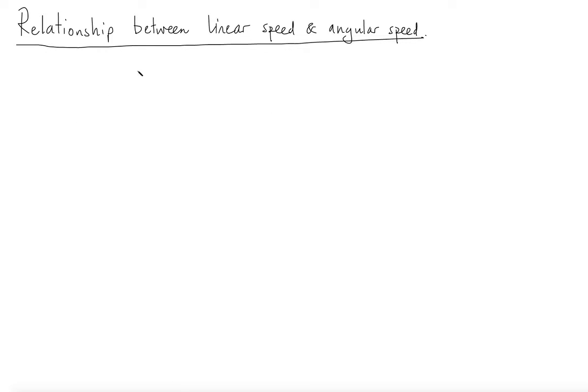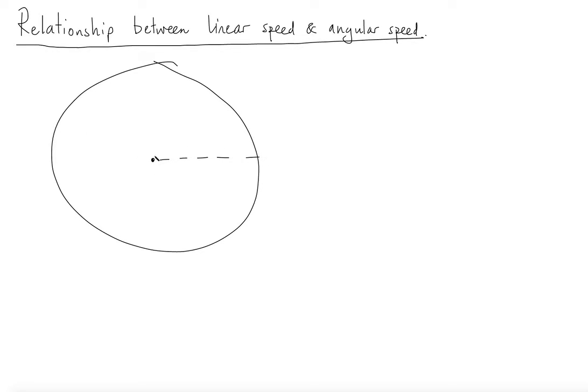So if we look again at our circular path, here's the particle. It's gone from here to here along this line here. So the question is, how far has it travelled?